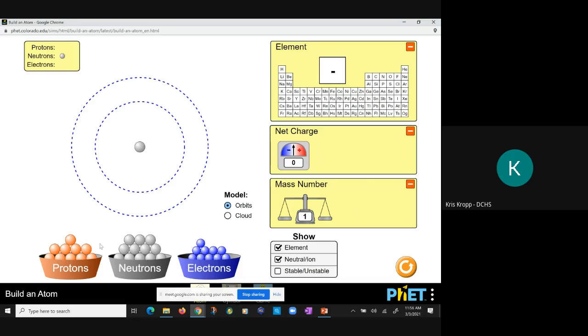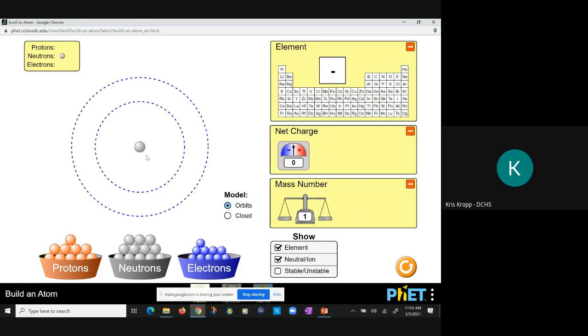So neutrons and protons have the same relative mass. Okay? Again, when I say relative, I mean we're comparing the two, and really we're going to compare all three, protons, neutrons, and electrons. The mass of the proton and the neutron are close enough to each other that we call them the same when we're talking about the relative masses of the three particles.